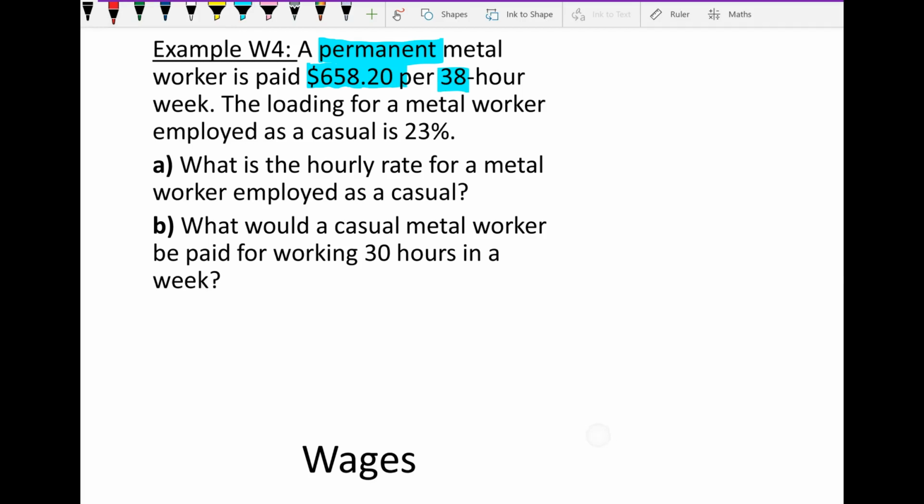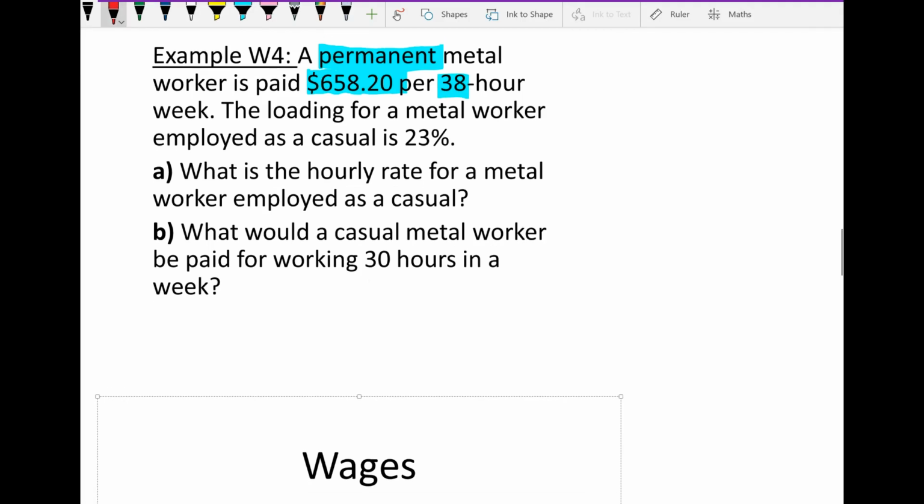Okay, so let's do a little bit of sideways bit. Okay, so let's find out what the permanent rate is. Okay, that's going to be the total $658.20 divided by 38. Okay, so that's going to give me $17.32. Okay, so his hourly rate is $17.32.